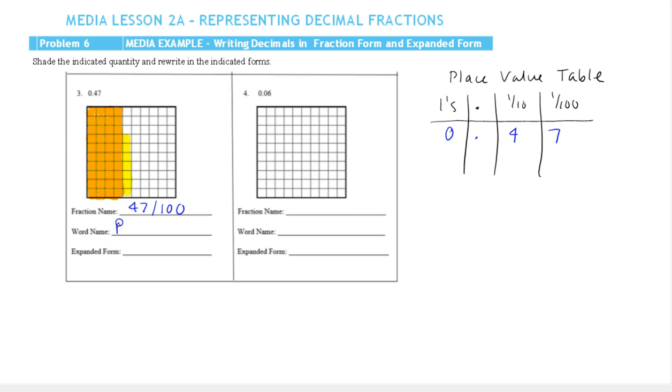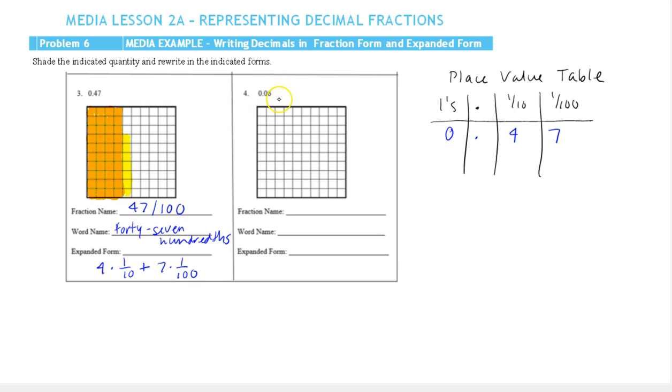The word name, 47 hundredths. And now the expanded form, so you can look at the place value table to help you. It'll be 4 times 1 tenth plus 7 times 1 over 100. Now let's look at the last one.